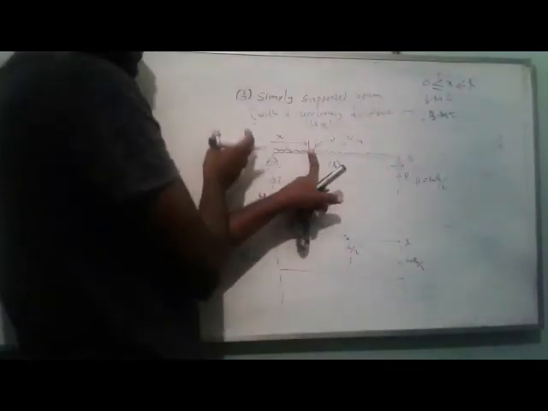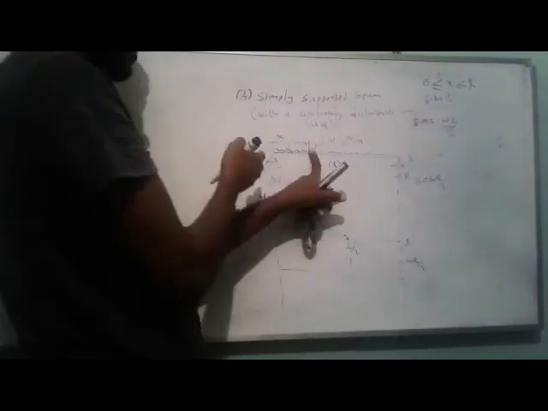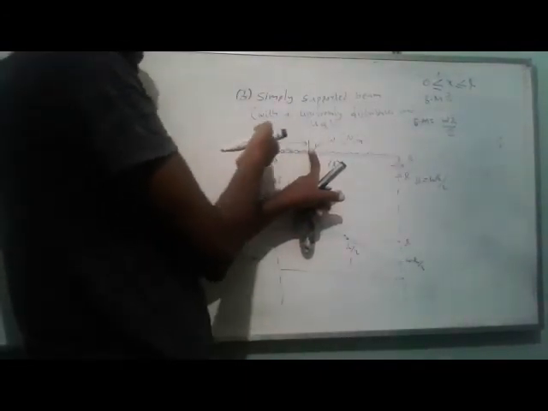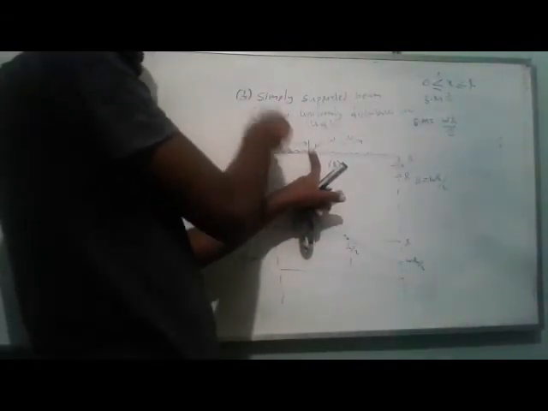Bending moment is equal to, in here upward, WL over 2, and you have to find it with the perpendicular length. Here, from here to here, this length is x.